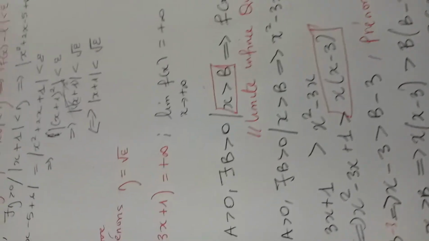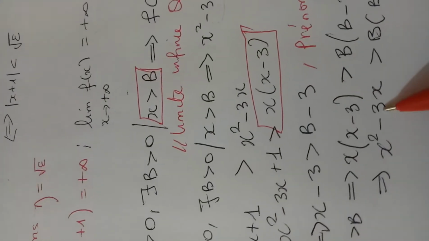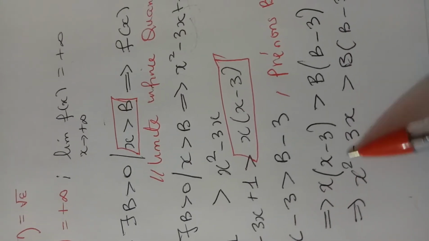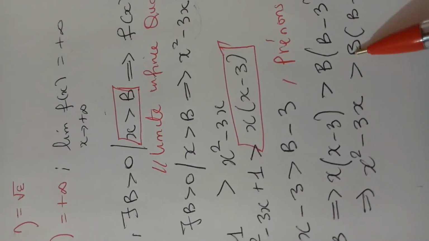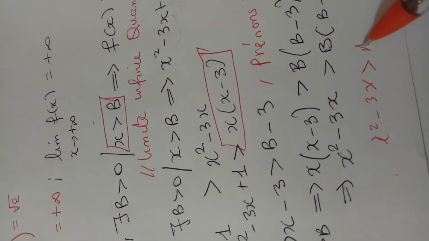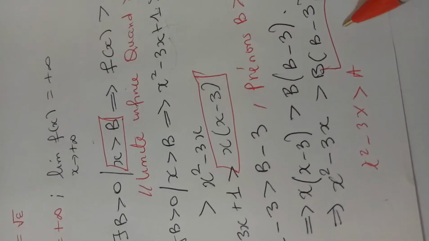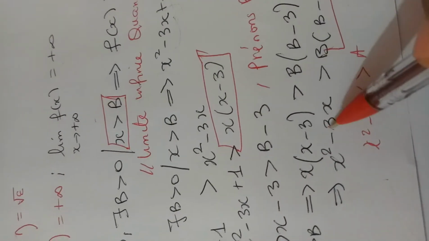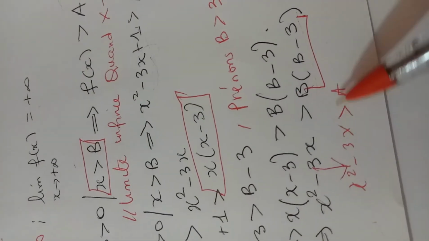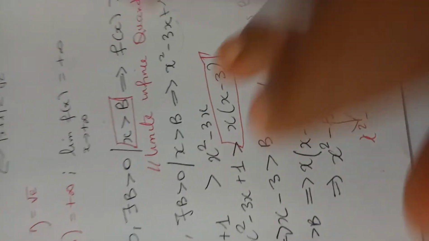I think I'll use the red pen. Okay, realize this is x squared minus 3x, right? Greater than a. We said x squared minus 3x greater than a. So I can take this to be my a because this is this, right? This is this. So I can take this pronouncer to be equal to a. So a is equal to this.